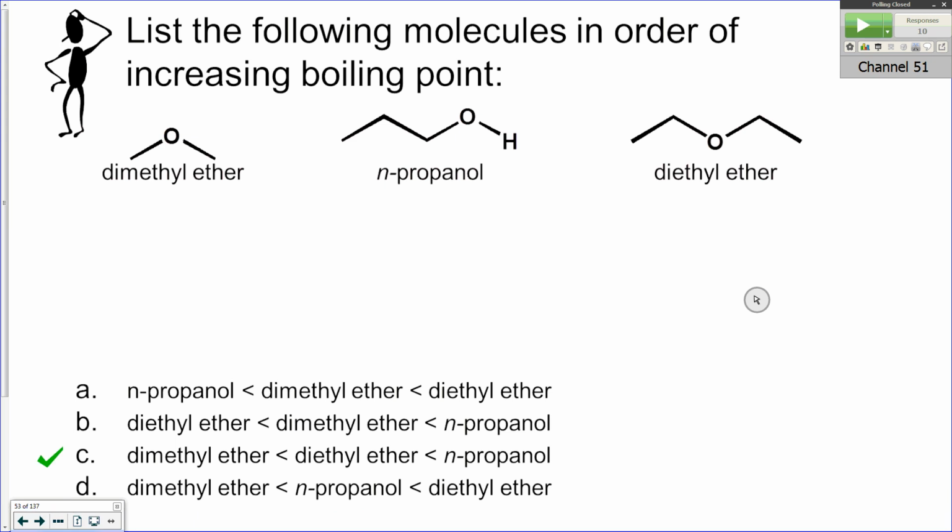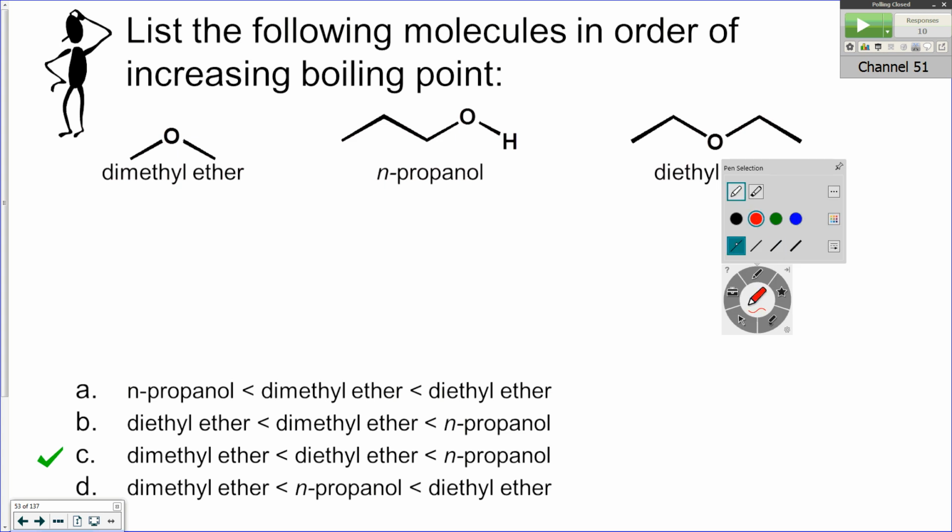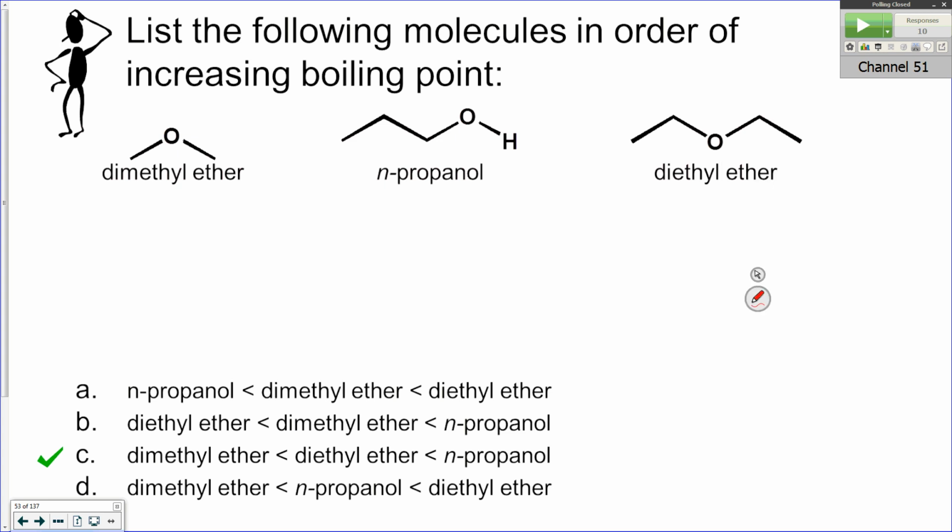Okay, let's think about the why of that. All right, so if I look at the types of intermolecular forces that I have, all of them have oxygen, so that means they all have a little bit of a dipole moment. If I look at these 2, they're very similar in that they're going to have this dipole moment and this polarity the same way.